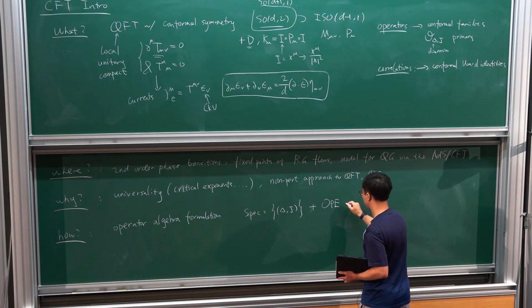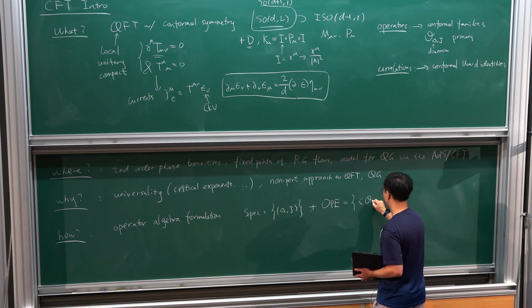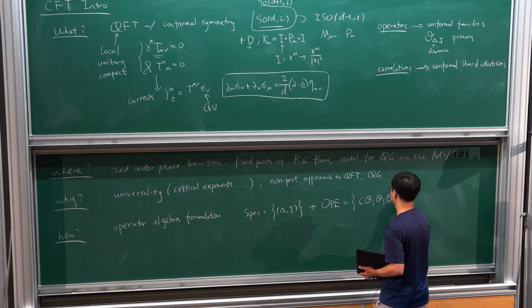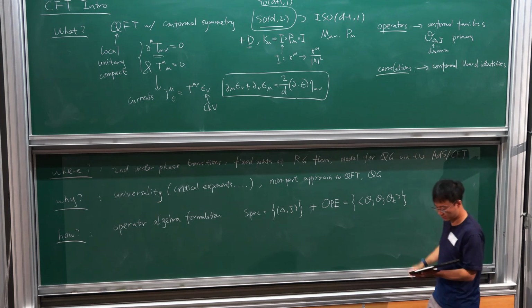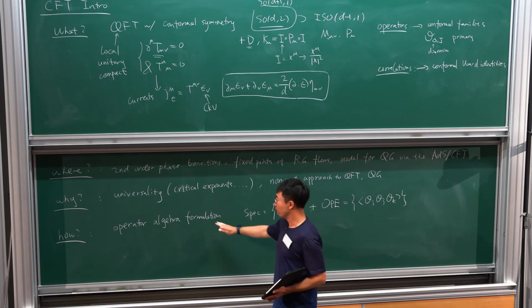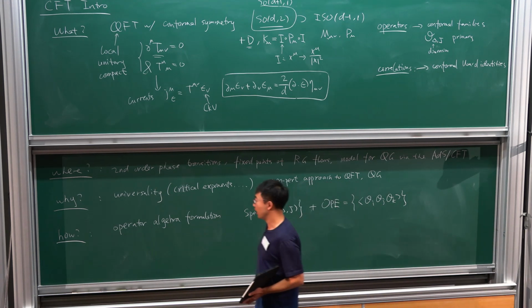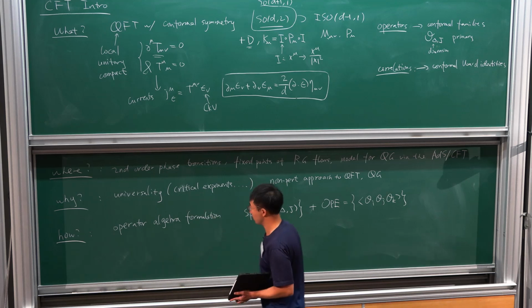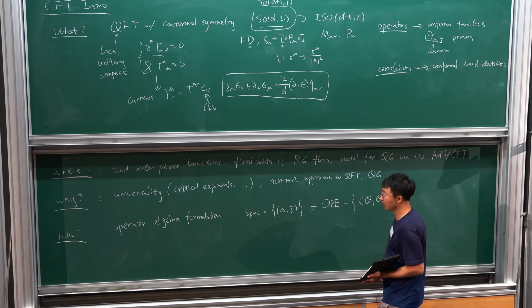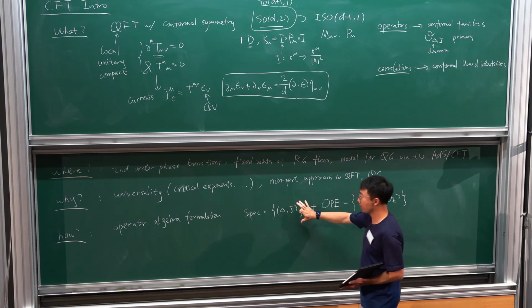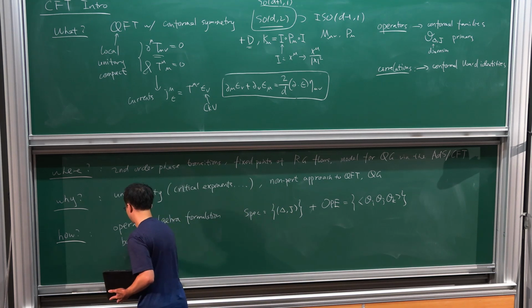And they are characterized by three-point correlation functions of the basic operators in the theory, again schematically denoted as this set. Once you have this formulation of the CFT in terms of this basic data, you can argue, based on things that I'll explain, that all the general correlation functions are determined by this basic data. And then furthermore, there are axiomatic constraints on this basic data, known as bootstrap axioms.